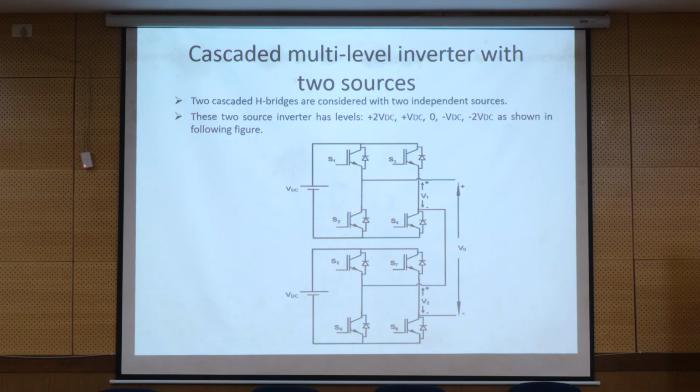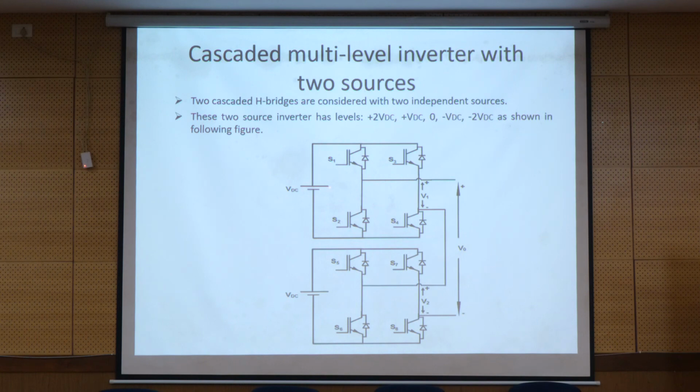What does symmetrical configuration mean? The two voltage sources are supposed to be equal in magnitude. If they are different in magnitude, we say it is an asymmetrical cascaded H-bridge multi-level inverter topology.